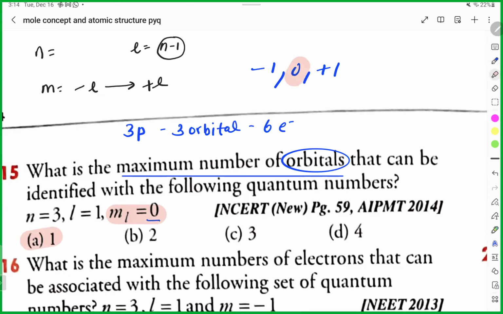If they ask in 3p, your answer should be 3. And trust me, you will make a mistake. You will mark this as 3, right? Because p subshell has 3 orbitals, 6 electrons, and you will mark this. Yes or no?